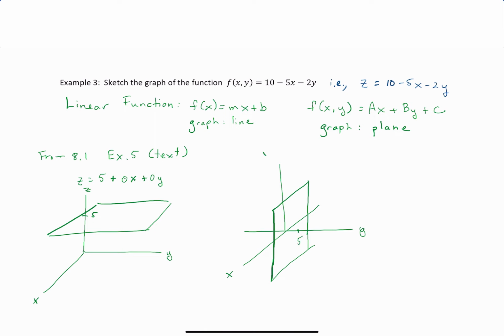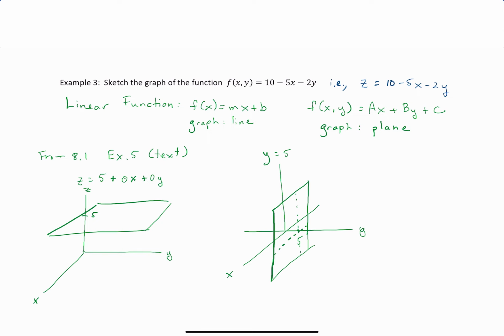The equation of that plane was y equals 5. So that equation y equals 5 is saying graph all the points where the y coordinate is 5, x and y can be anything. So they're all going to line up with 5 on the y-axis.